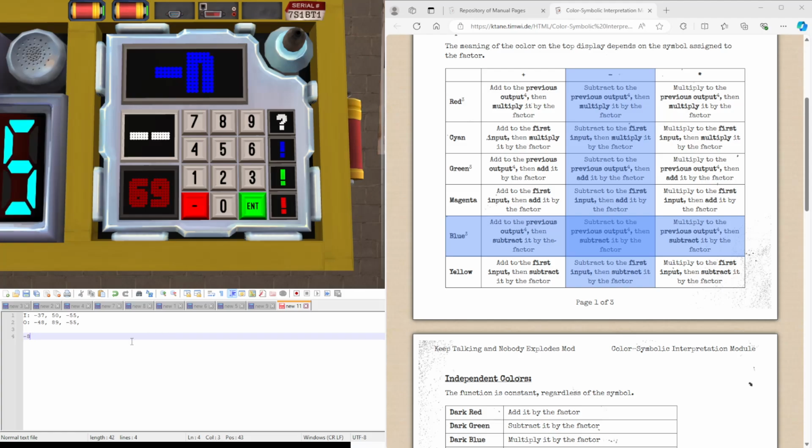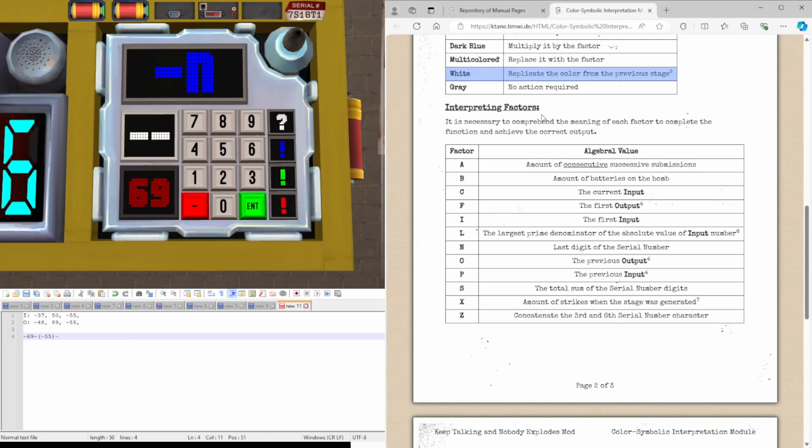Negative 69 minus 55. And then minus the variable or the factor n, which the last digit is a 0 number, which is 1. Figure this out. We get negative 15.